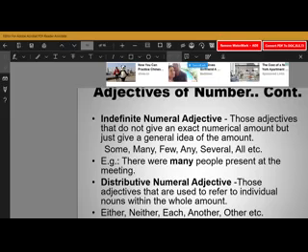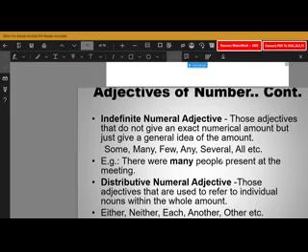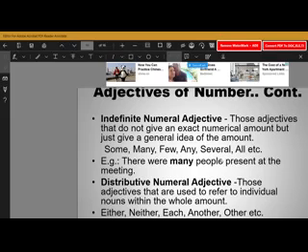So these adjectives do not give an exact numerical amount but just give a general idea of the amount. Some, many, few, any, several. I told you earlier that when it is written that there were many people present at the meeting, there is no exact number of how many people were there. Whether 7, 8, 10, or 10 lakhs, nothing is written there.